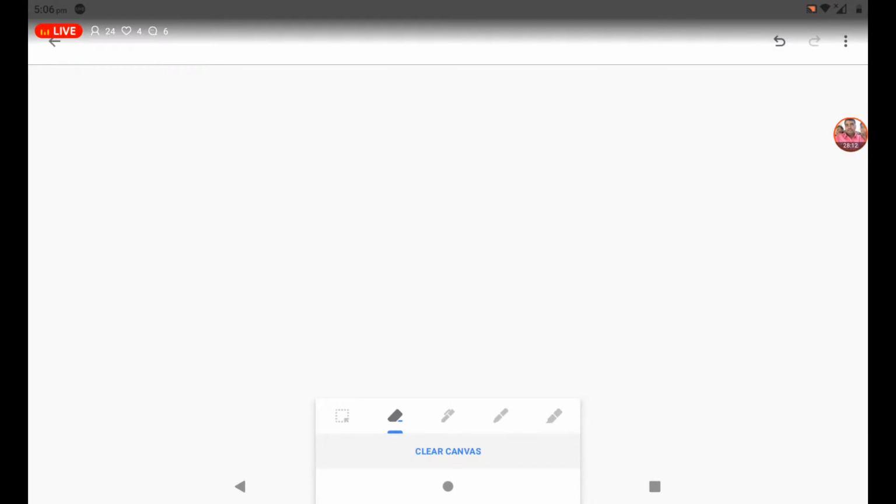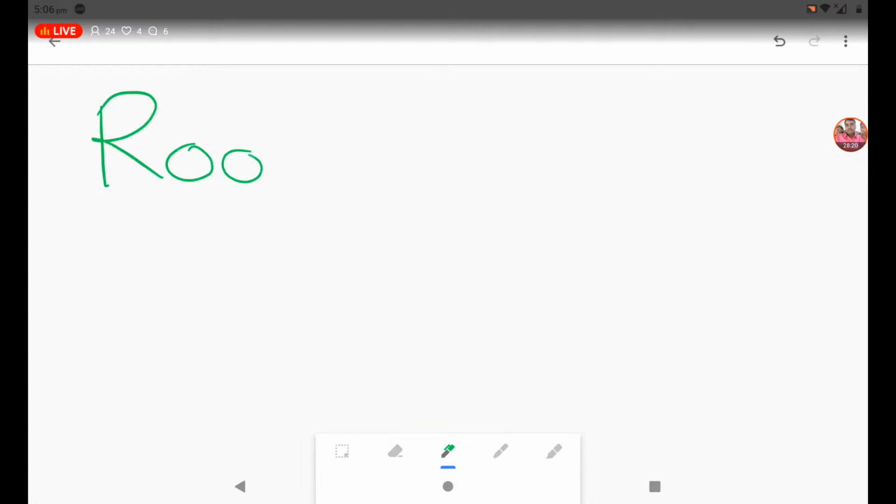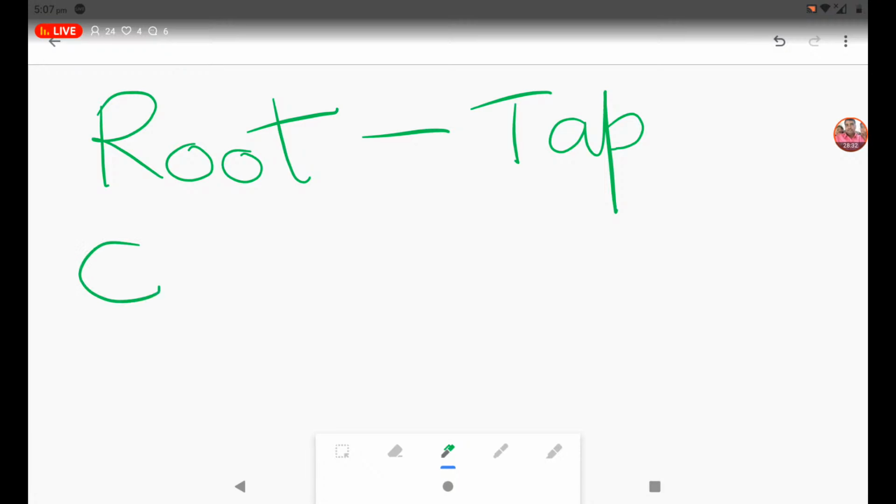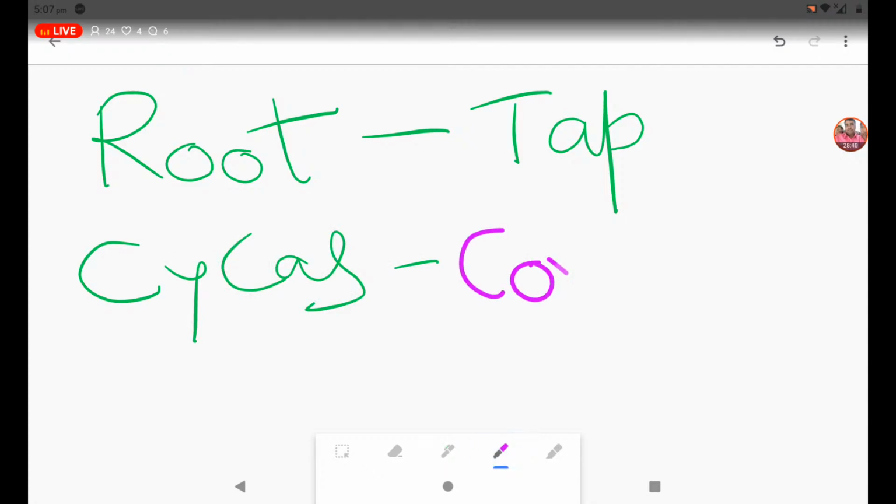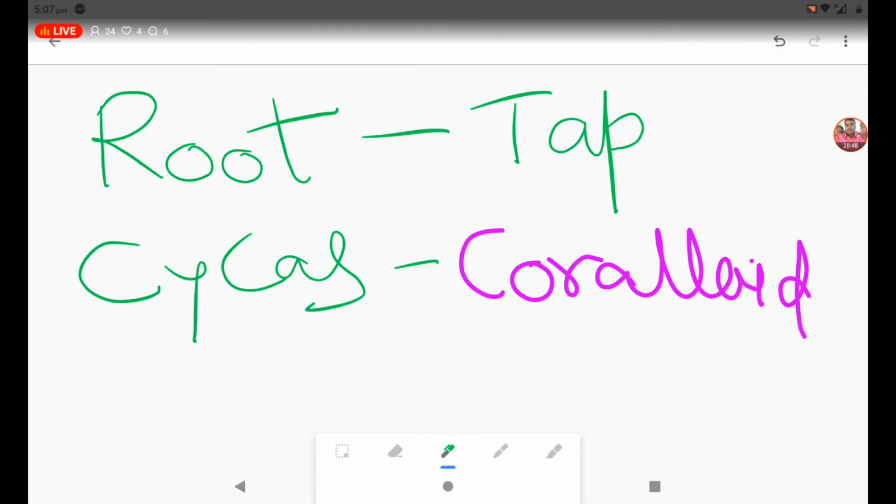Once again, first the root system. Only a taproot system can be identified in gymnosperms. If we take Cycas special, Cycas has coralloid roots. And in Pinus, the special feature is mycorrhizal association.